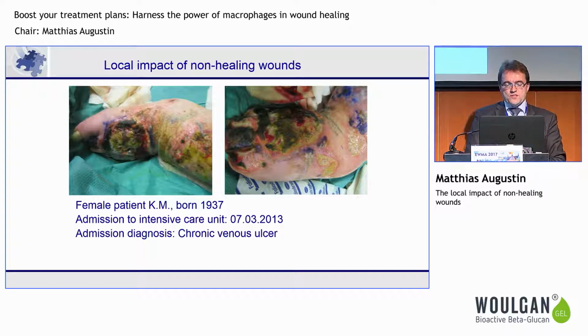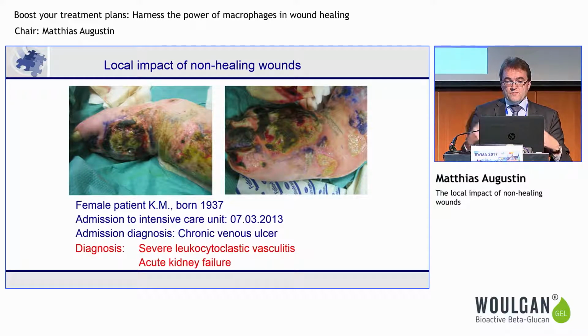And this patient was admitted to hospital with the diagnosis chronic venous ulcer, and you immediately see this is the foot, the back part of it, that this is no venous ulcer. It's not even a leg ulcer, but a foot ulcer, and a massive one with massive edema. And you don't need much time to see that this is not a primary vascular wound.